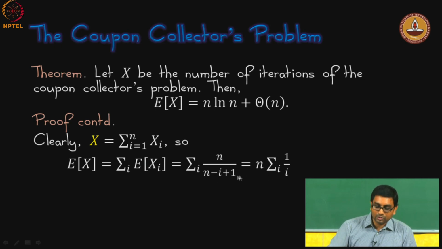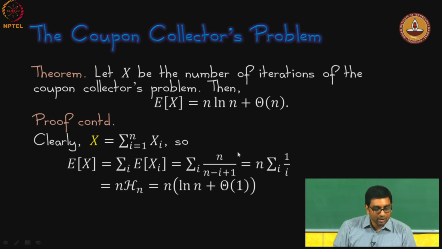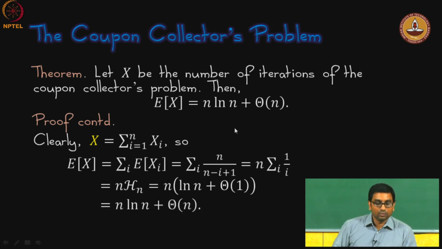Since n is common, you take it out, and you get the summation over i of 1 over i. What is the summation of 1 over i? That is nothing but the nth harmonic number, and we have a formula for that. The textbook goes through the details of how this formula is arrived at, but we will skip those details. Essentially, the nth harmonic number is between ln n and ln n plus 1, so you can write it as ln n plus theta of 1, and with that we get the result that we want.